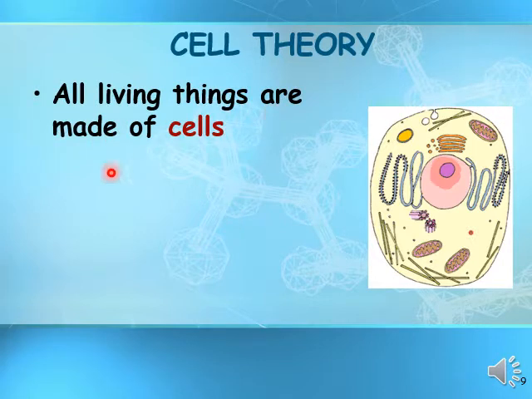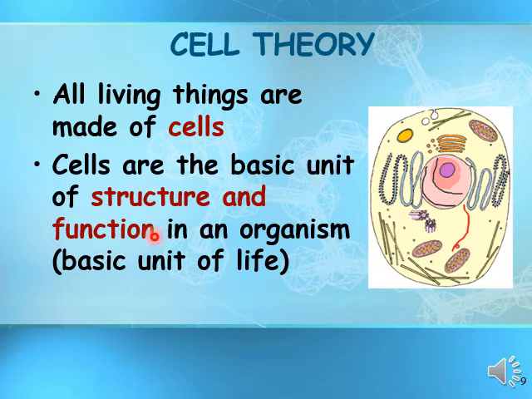All living things are made of cells. This is the cell that constitutes the basic unit structure for all kinds of life. They are the unit structures and the units for functioning of all organisms.